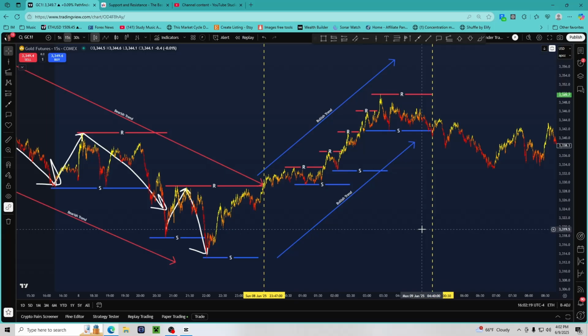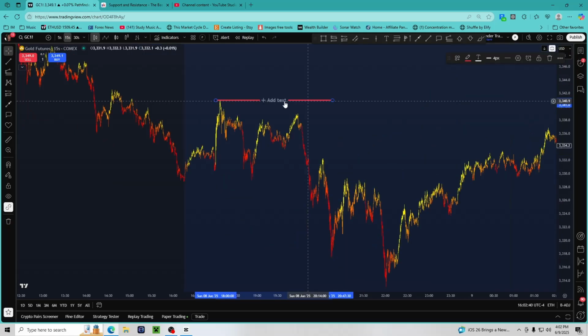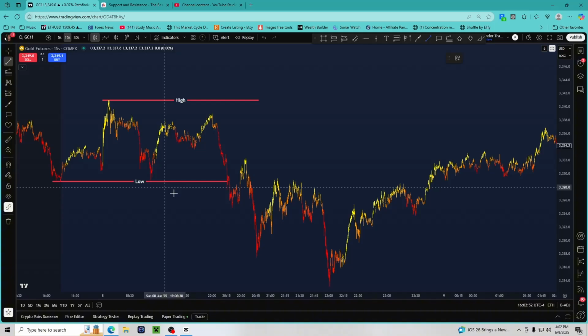Now, there's an important piece to this puzzle that you need to understand, and that's the higher highs and higher lows, lower highs and lower lows. So let's cover that real quick. When the market has structure and you have a high and you have a low, and the market breaks lower, you have now what's called a lower low.